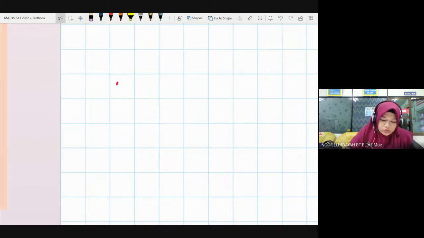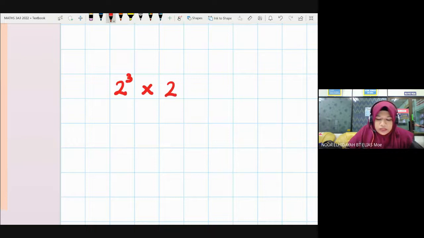Okay, 2 to the power of 3 times 2 to the power of 4. In law of indices, when you have the same base and the operation is multiplied, what you have to do is add the index.